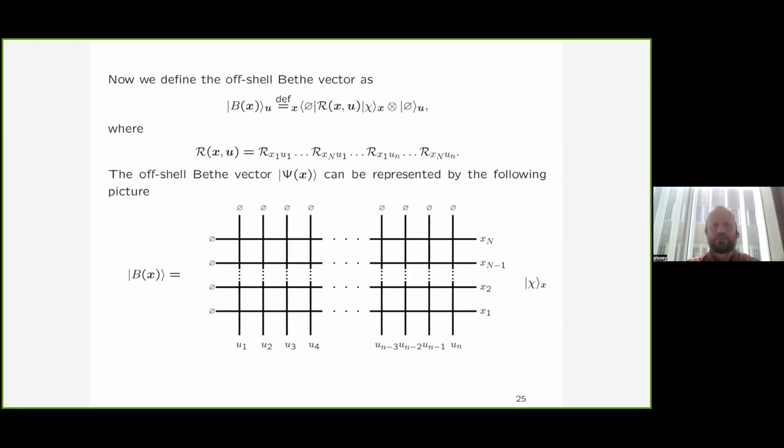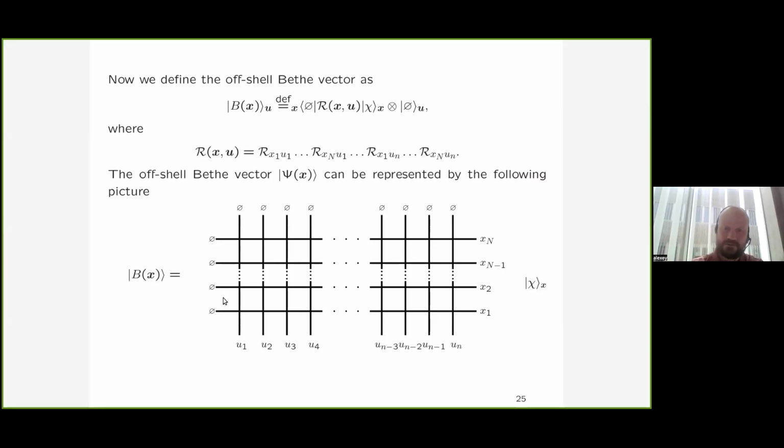Now I formulate what is, I think, known in the literature as the Tarasov and Varchenko construction of Bethe vectors. So instead of writing the formula for it, I will draw a picture. So this is the picture. B of x. What is it? It's a state. It's some special state in my quantum space.